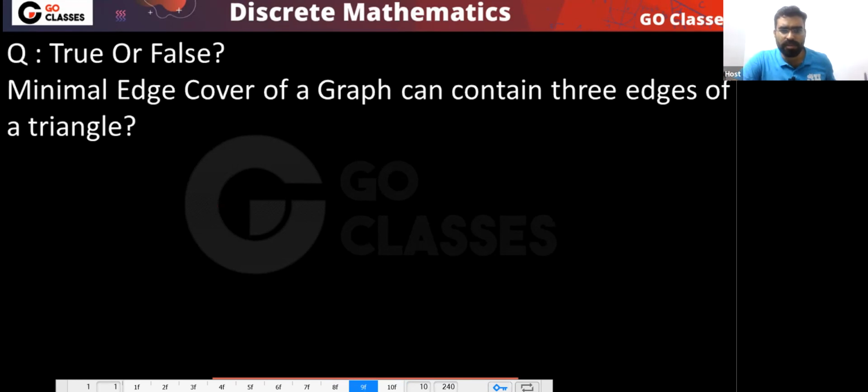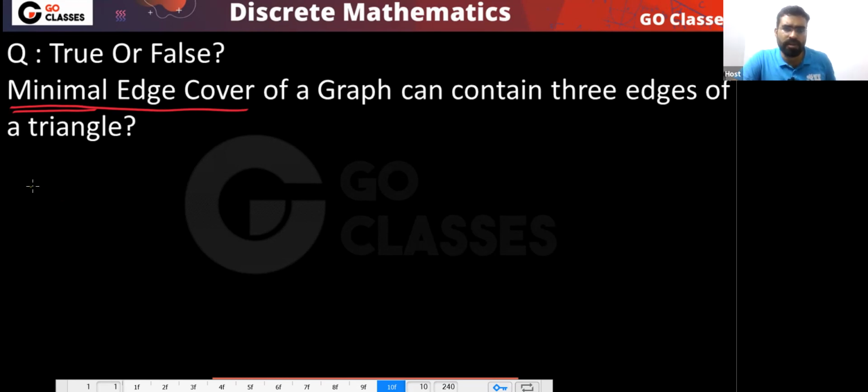Think about it. So this question is saying minimal. First of all, focus on this word: minimal edge cover. The question is talking about minimal edge cover. A minimal edge cover of a graph can contain 3 edges of a triangle. Tell me, is it possible? Let us assume you have a minimal edge cover.